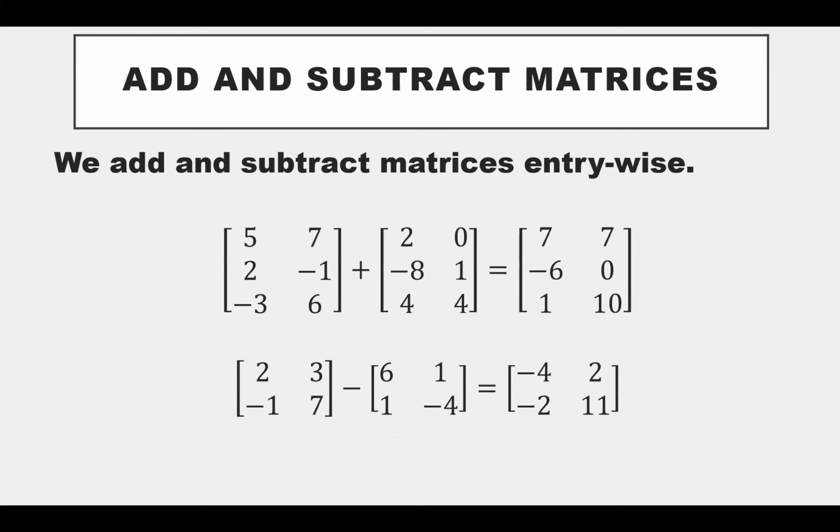And what we're going to do now is we're going to start doing operations with matrices. The first operations that we're going to look at are the operations of addition and subtraction. When you add two matrices, you add them entry-wise.